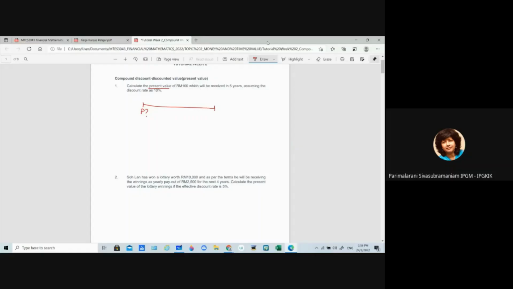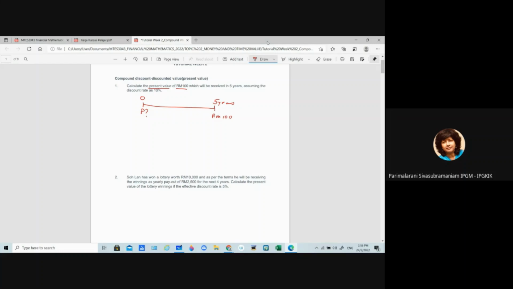They ask you to calculate the present value, so you don't know what P is. The present value of RM100 means this is the future value. So your future value is 100 ringgit, which will be received in 5 years. This is zero, okay? So you know that the discount rate is 10%.